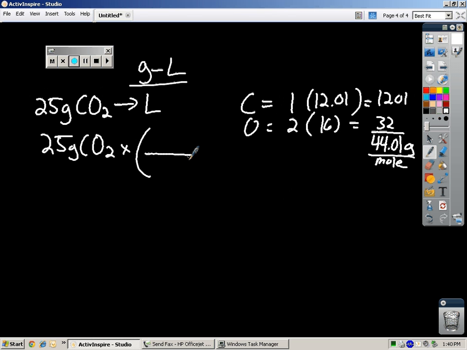There you go. 44.01. And what do we call that 44.01, Hannah? What do we call this number? Really? The molar mass. I would expect that you would know that. Anyways. So we have 44.01 grams on the bottom. Hannah, pick somebody.